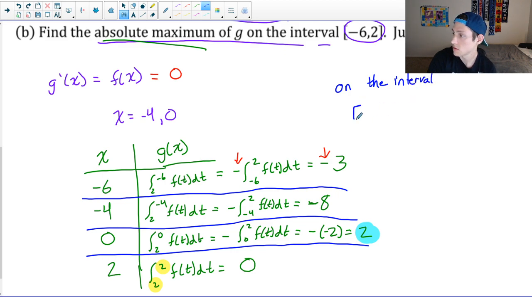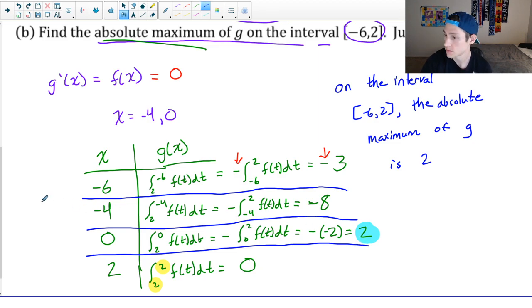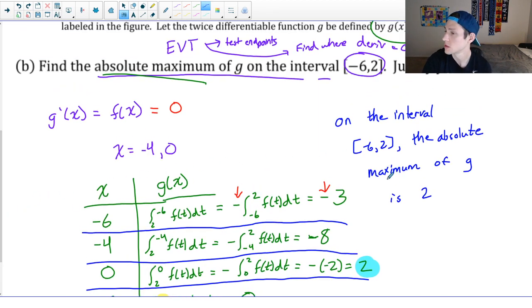So on the interval -6 to 2, the absolute maximum of g is 2. And I guess we might as well say where it happens. So where does it happen? It happens whenever x is 0.